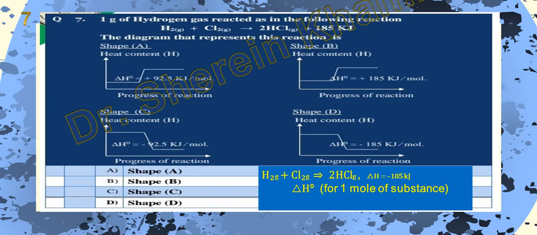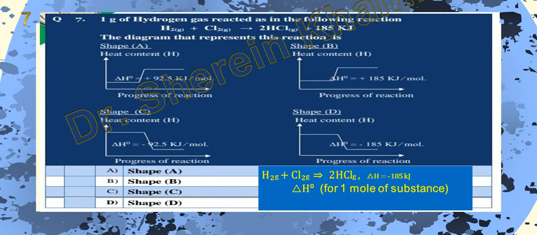Okay, so we have here the reaction that gives negative 185 kilojoule. We want to get the standard. We have here 2 moles of hydrogen chloride, HCl gas, so we want 1 mole only of HCl, the product, delta H naught or standard for 1 mole of substance.